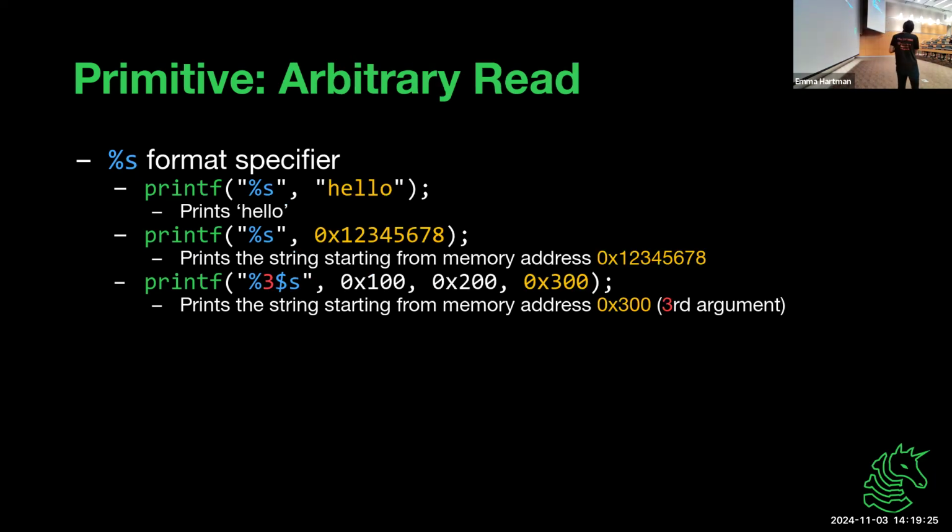And the way we can do that, especially if our input length is limited, is the fact that format specifiers are extremely feature rich. Because what I can do is include a number and a $ sign before the type of specifier. And what that does is, please look at the argument 3 entries down. So printf doesn't even necessarily require you to use the format specifiers in order. You can ask for the third argument.